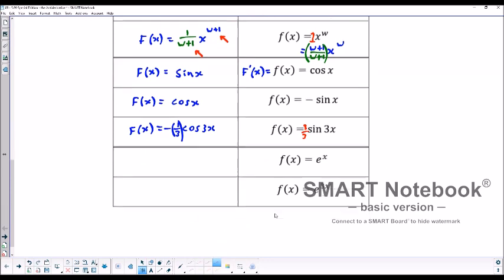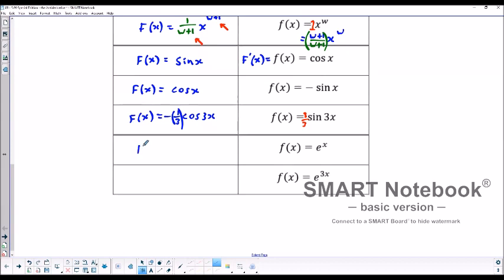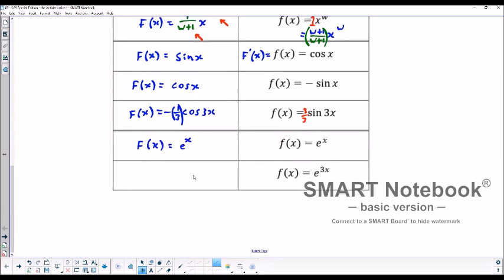Whether we differentiate e to the x or find the antiderivative of e to the x, it is still just e to the x. And the same sort of thing happens when we differentiate an exponential as it does with the trigonometric functions.